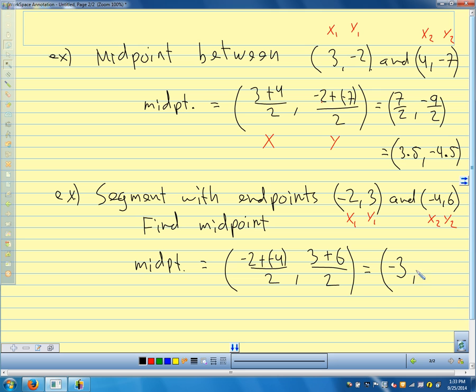And 3 plus 6 is 9 divided by 2, and we decided that was 4.5. So we'd have the point negative 3, 4.5. And remember, we're always getting two numbers here, an x and a y. All right, questions there?